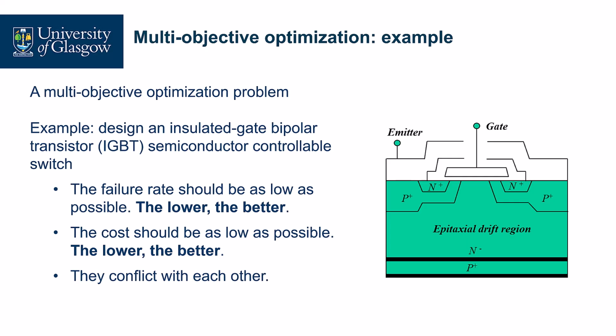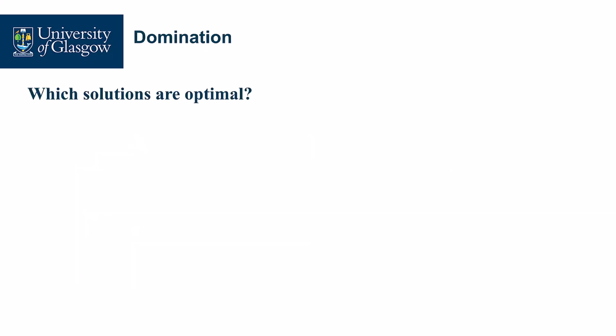Before that, we need to introduce a concept which we call domination. Domination is used to decide which solution is optimal. Here we can see 4 solutions, x1, x2, x3, x4. In terms of f1(x) and f2(x), each of them has an f1(x) value and an f2(x) value.